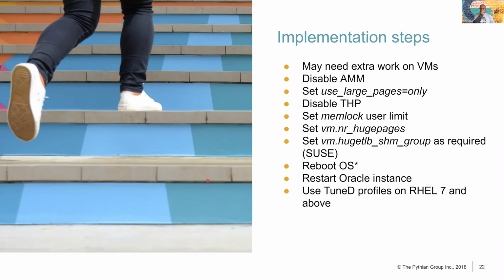All right. Implementation steps. Depending on what kind of software and hardware you're using, there may be a few extra things to be done, especially on cloud systems or virtual machines running on whatever virtualization hypervisor you have in place.